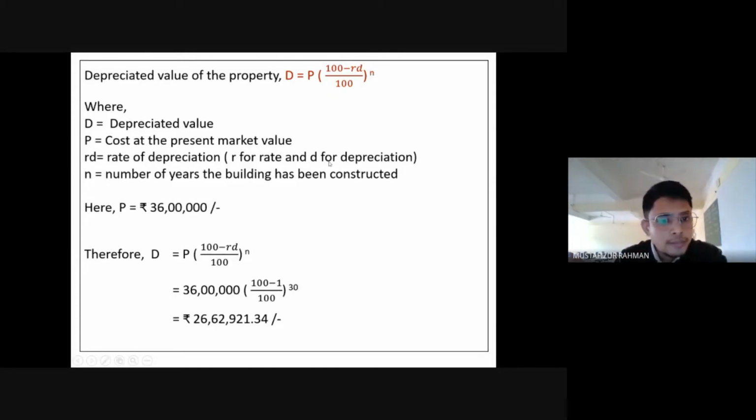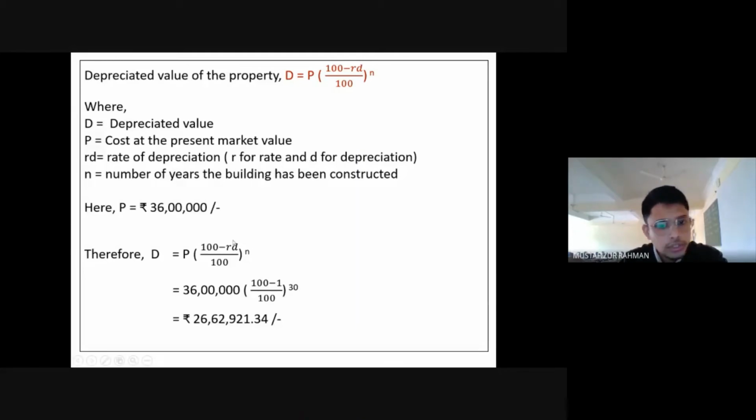It's to the power. The N is the number of years the building has been constructed. That means the age of the building. That is how many years we shall have to calculate the depreciation. Since the building is constructed, 1 year, 2 year, 3 year, it is going to depreciate, right? Slowly. So that N is the 30 years, the number of years the building has been constructed.